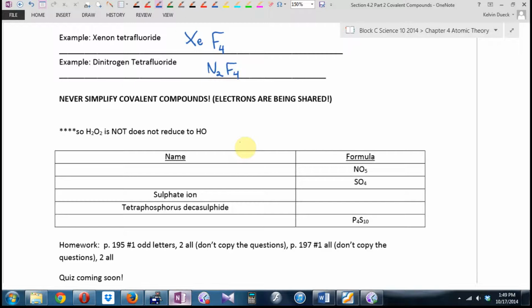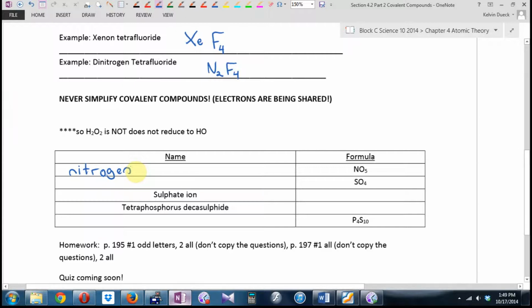Okay. So how many nitrogens are there? 1. That's technically mono-nitrogen, but if the first thing is a mono, we don't write the mono. So it's going to be nitrogen. How many oxygens are there? 5.